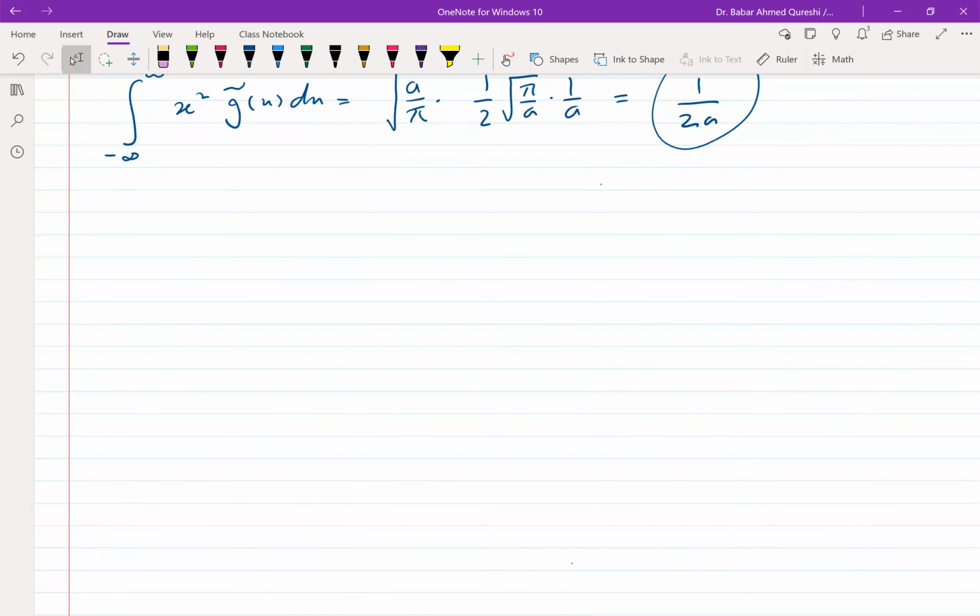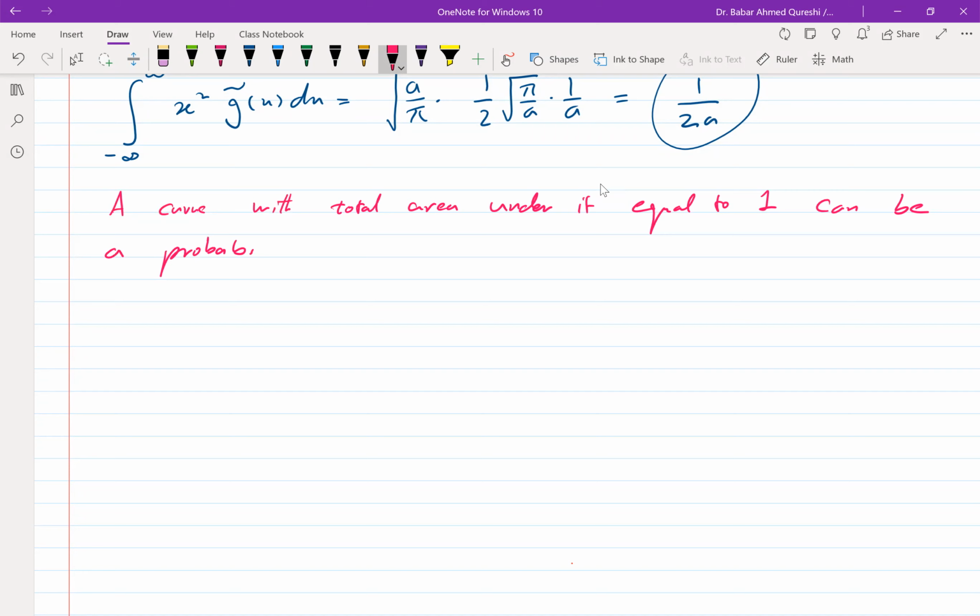So once I have got a curve whose total area under it is equal to 1, it can be a probability density distribution.